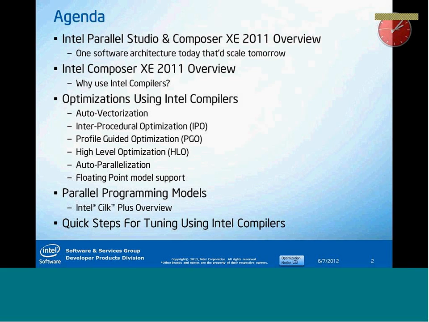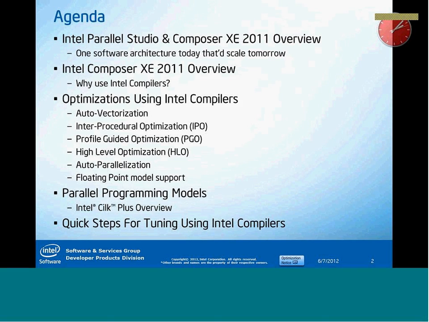I will then take a deep dive on Intel compilers' main features, but before that I'll explain the rationale behind using the Intel compilers, why bother with Intel compilers. As part of the main compiler features, I'll be talking about auto-vectorization, inter-procedural optimization, profile guided optimization, and high-level optimization.